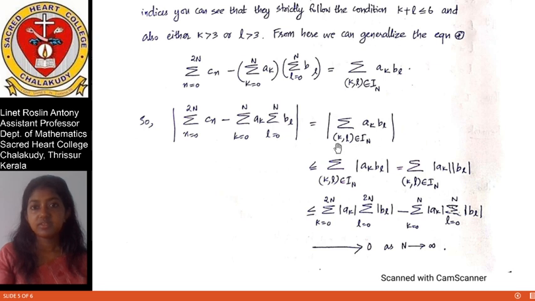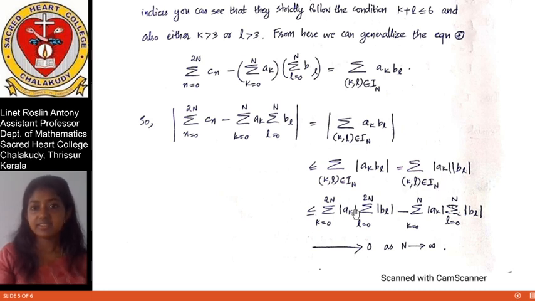By using the triangle inequality again, the term inside the modulus is less than or equal to the summation over the ordered pairs (k, l) in I_n of modulus of a_k b_l, and by the property of the modulus function, modulus of a_k b_l is equal to modulus of a_k into modulus of b_l.